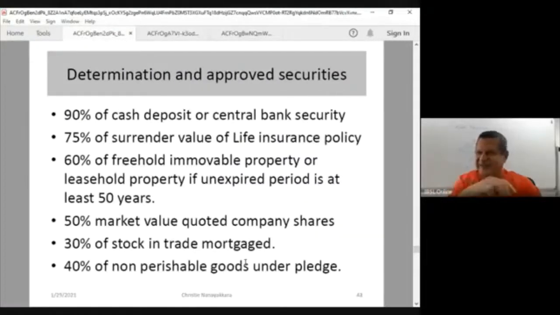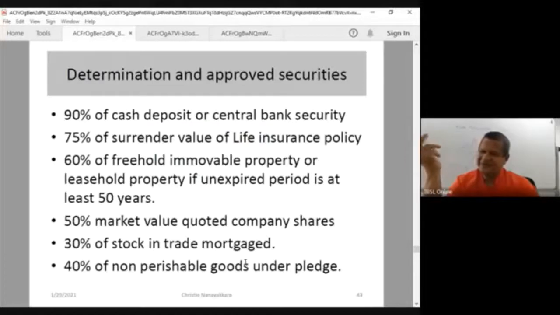They have also gone a little further and said these are the securities you can take. When you take a cash deposit, you can consider only 90%. For an insurance policy, you can consider only 75%. If you take a property, you can only consider 60% of the value.